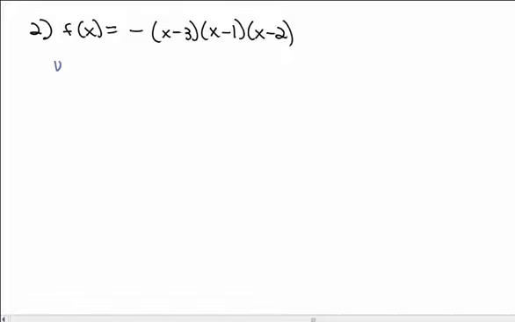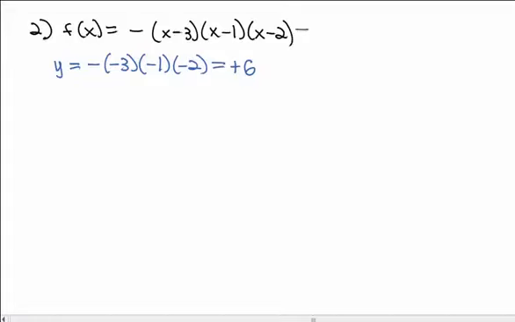Again, the first key point is the y-intercept, where we make all the x's equal to 0. So we have negative times negative 3 times negative 1 times negative 2. 4 negatives, our answer is going to be positive. 3 times 1 times 2 is 6. The y-intercept is 6.